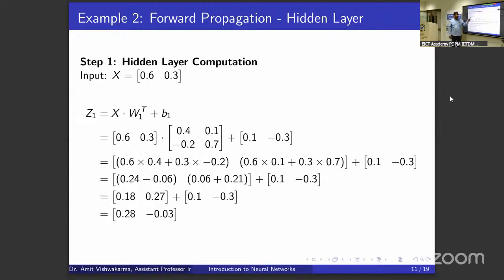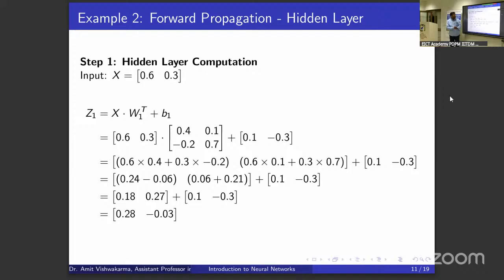So x into W1 transpose plus b1. Just put all the values. x will be 0.6, 0.3, W1 is this, transpose of W, and b1 is this.